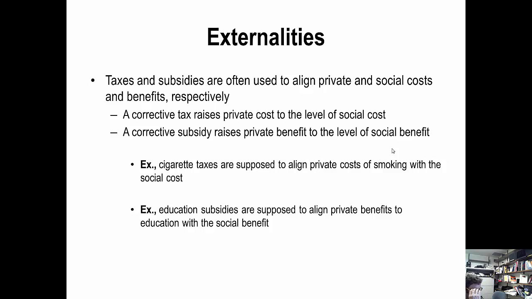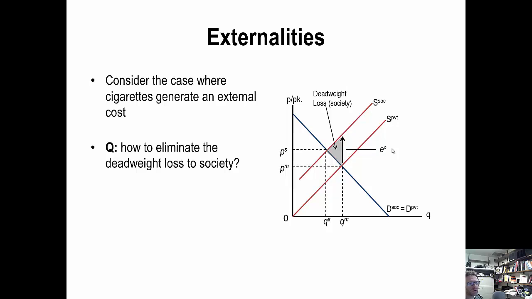Corrective taxes and corrective subsidies are very similar to the Coasian payments that one is either receiving or being forced to pay, although they're being imposed by the government. So, go back to our cigarette example, where there's some sort of external cost being generated. Again, the goal is to force that decision maker to realize the full social cost of her decisions. So what we could do is set a tax equal to the full external cost of smoking.